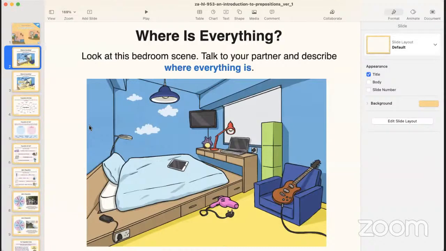So for example, in this picture, we can see a guitar. Where is the guitar? If there is a question asking where is the guitar, it is on the sofa or on the couch. This guitar is on the couch. The word you'll use here is on to show where the guitar is.